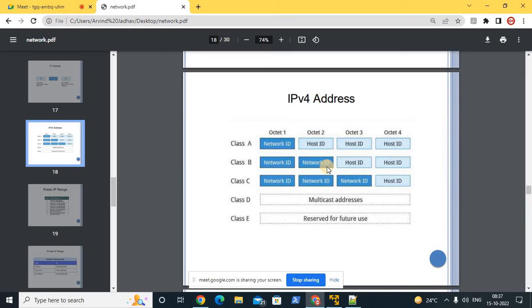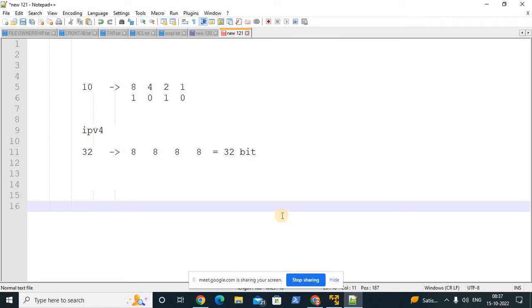For example, 192.168.10.20: we can change 10.20, but we cannot change 192 and 168, because those are the first 2 octets. See, according to that, I will write here for class A.